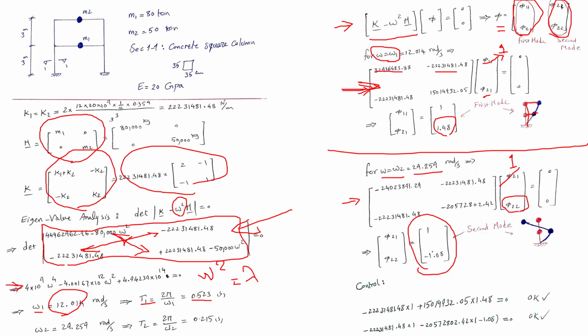This means the first story goes 1 unit to the right, and the second story goes 1.08 units to the left because it has a negative sign. So this is called the second mode of vibration.